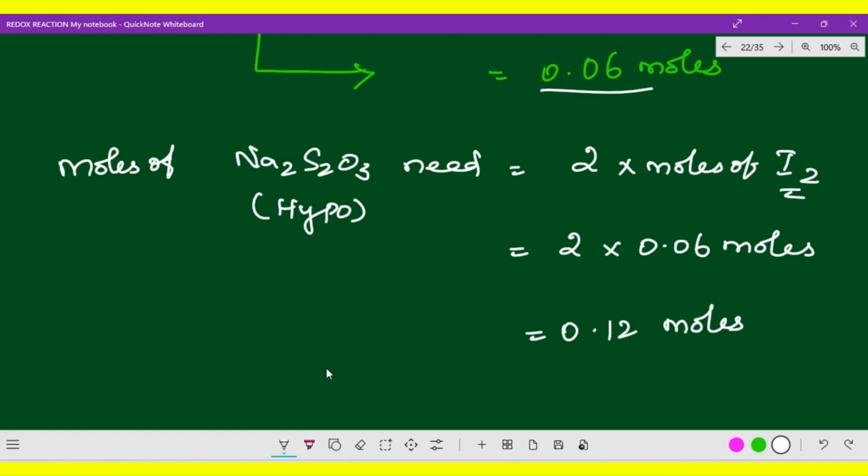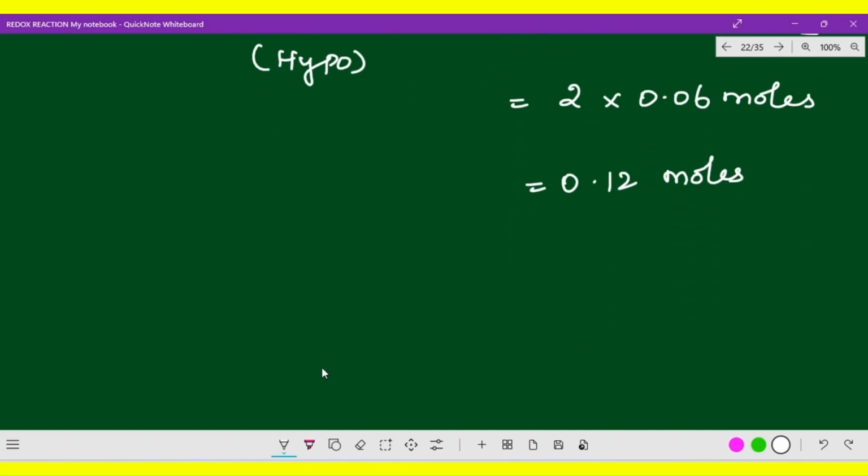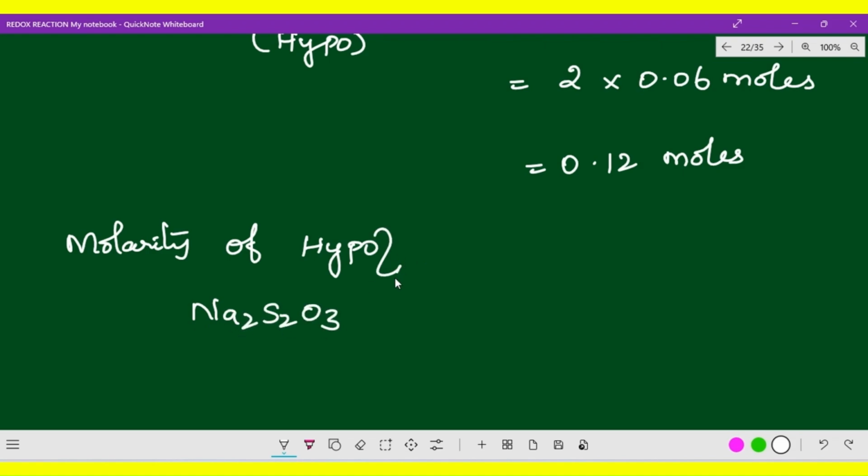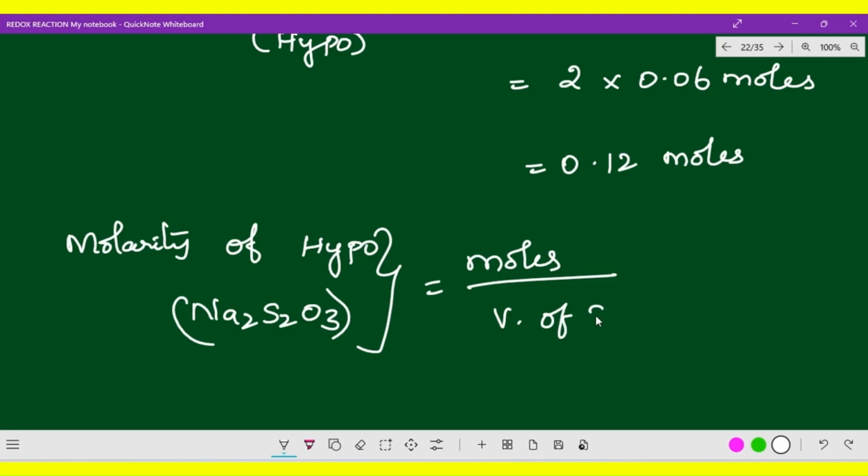Now finally we come to the point: what is the question? Molarity of thiosulfate. That only we have to identify. Molarity of thiosulfate, also called hypo, I mention hypo because in the question hypo is nothing but Na2S2O3, sodium thiosulfate. So how can we find it? Moles divided by volume of solution in liters.